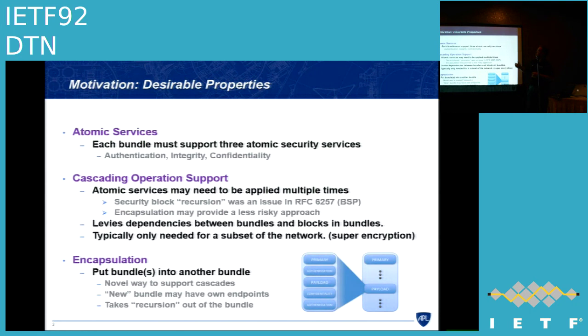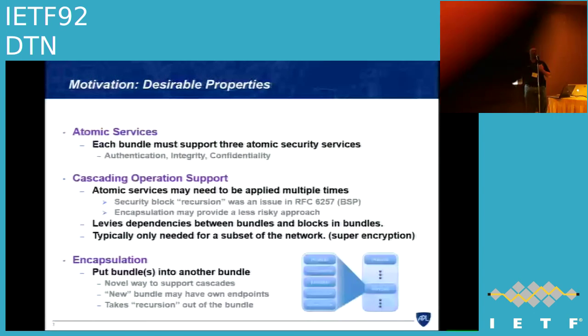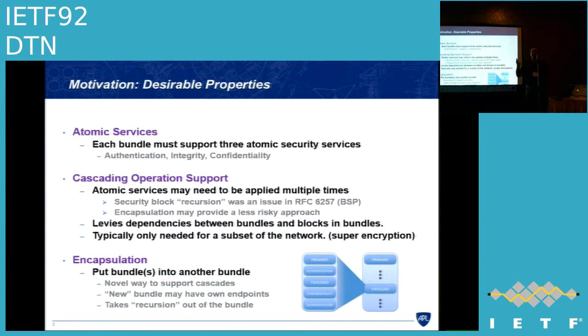We wanted atomic services, again pulling from some of the insights of the original bundle security protocol. Each bundle has to take with it some of its security considerations, as opposed to relying on the underlying link to provide all of the security. Because of the disrupted, delayed, and queued nature of bundles, it is best to keep the security services with the bundle itself and not as part of some overarching, encapsulating, or supporting aspect.